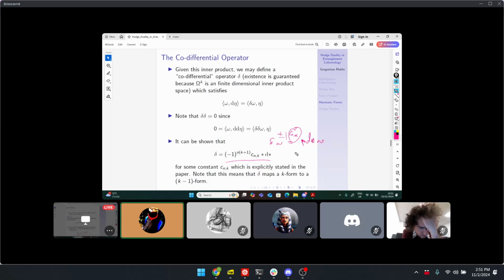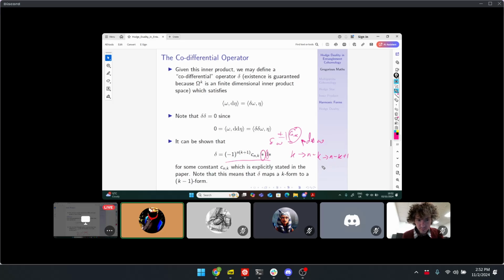So if we think about it, if we start with a k form, the Hodge Star takes us to an n minus k form. Then we act with the differential, which takes us to an n minus k plus 1 form.